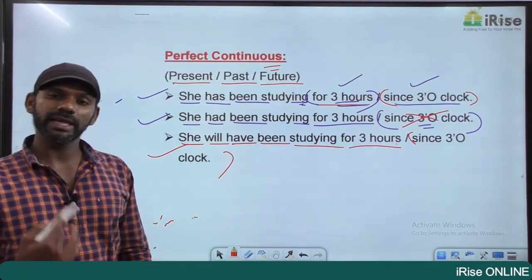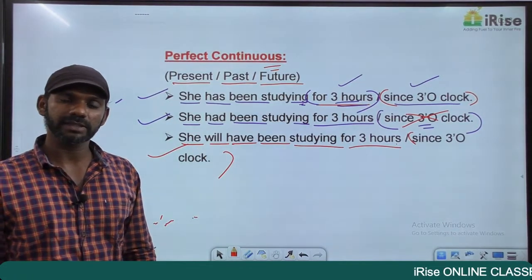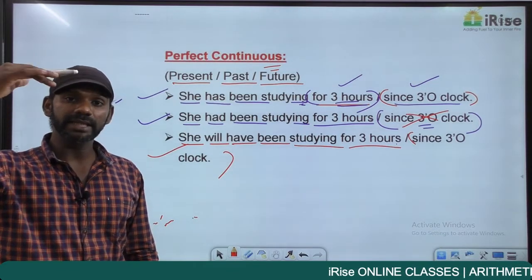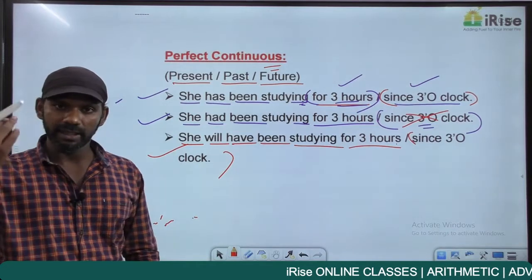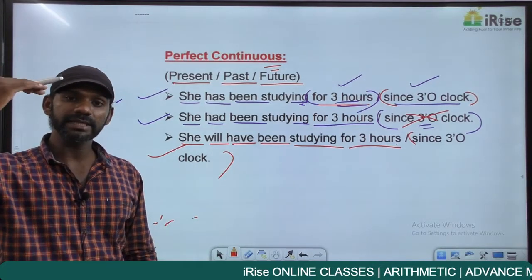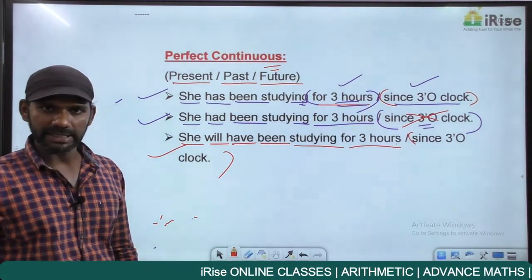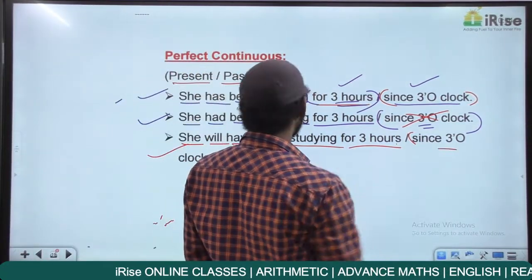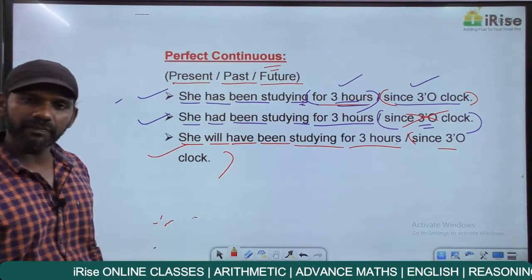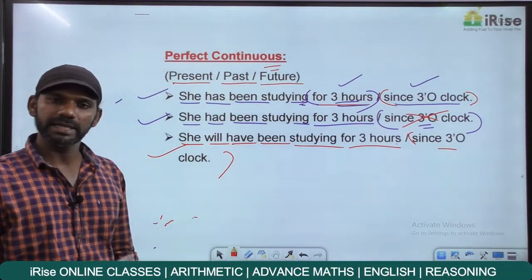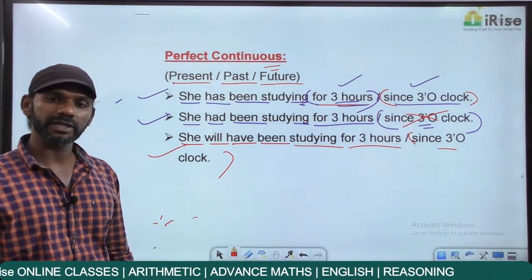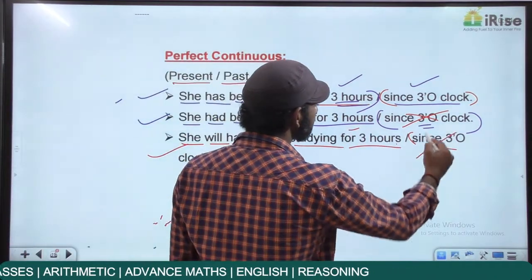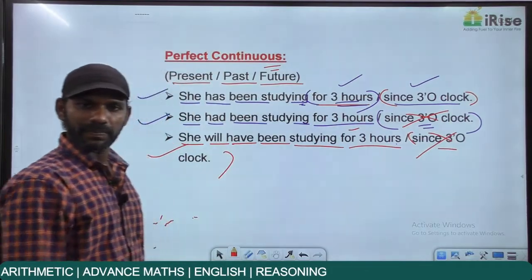Now she will have been studying for 3 hours means the action will start in the future, will continue in the future till some time. That means she will start studying, she will continue studying till some time. Grammatically correct. Now I replace for 3 hours with since 3 o'clock. She will have been studying since 3 o'clock. Can since appear in future perfect continuous? No. So in this case also, for 3 hours is correct, since 3 o'clock is no.